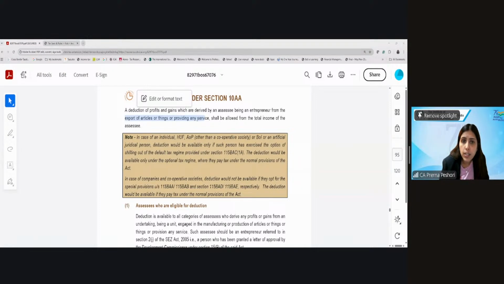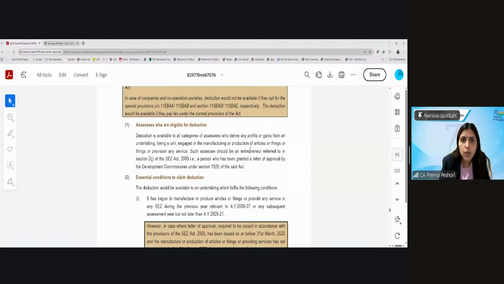The condition is that the export proceeds are to be realized within 6 months. Right? So this 10AA is available to a unit of SEZ. 80IAB was available to the developer of SEZ. Are you getting this particular point?